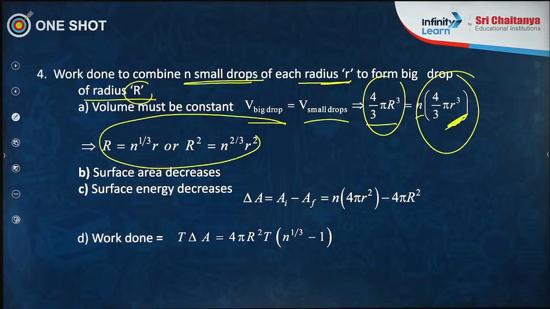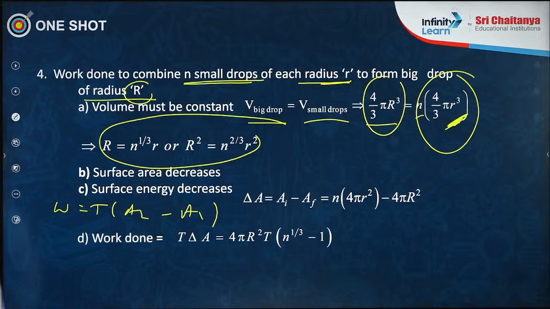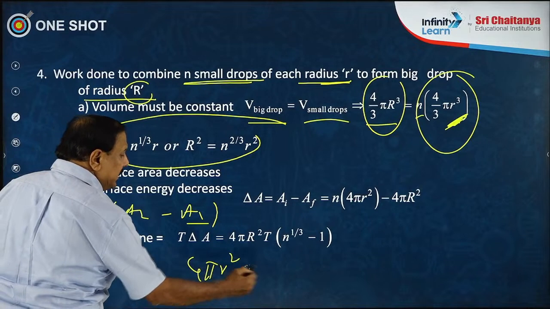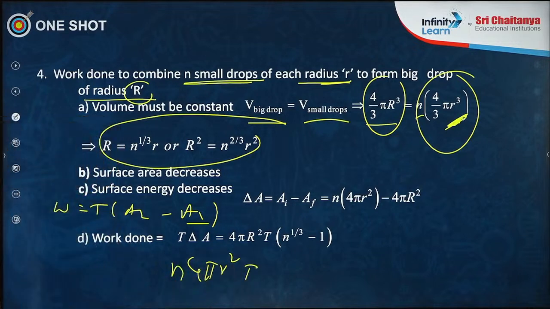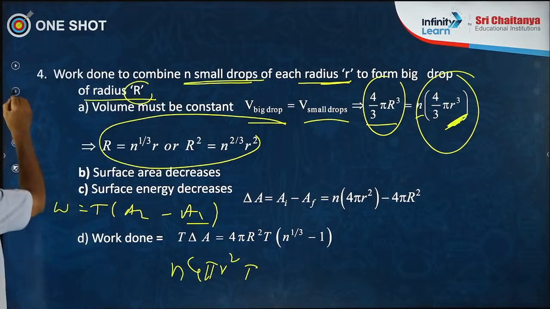After that, we have to take W is equal to T into A2 minus A1. A1: initially n droplets are there, so 4 pi r square into T, n drops are there. Finally, there is only one drop, that means a single drop.